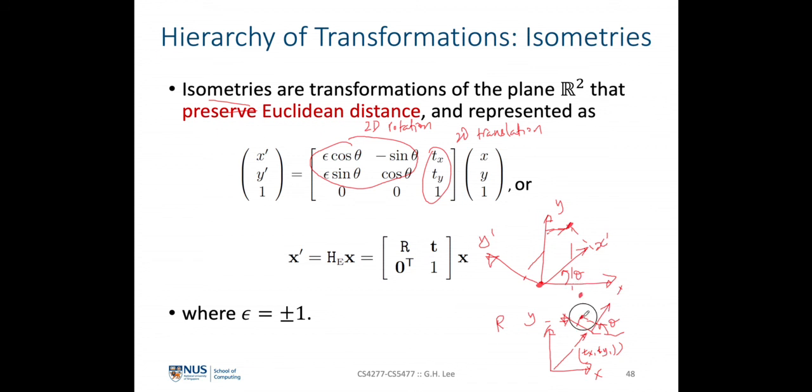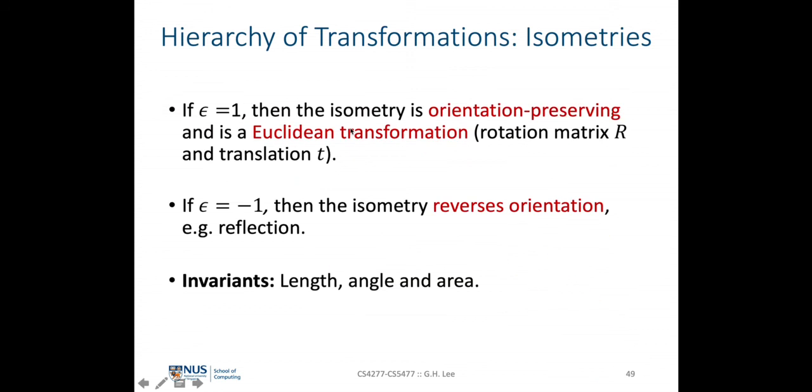Let's say I have 2 points over here, before the transformation, both expressed with respect to the original axis of x and y. Then we can see that the distance here is preserved. Even after the transformation, now with respect to x prime and y prime, the distance between these 2 points will still remain as d. Hence, it's preserving the Euclidean distance in this case here.